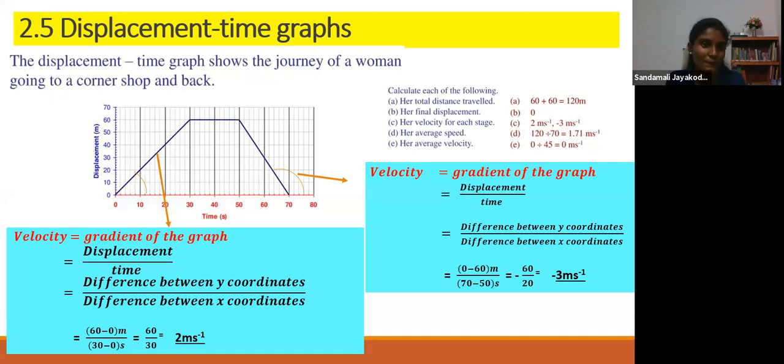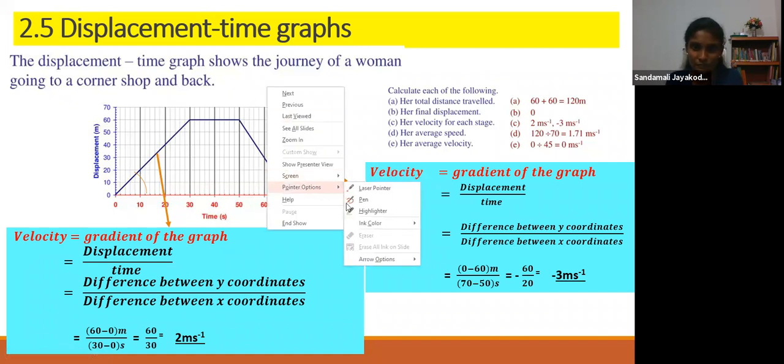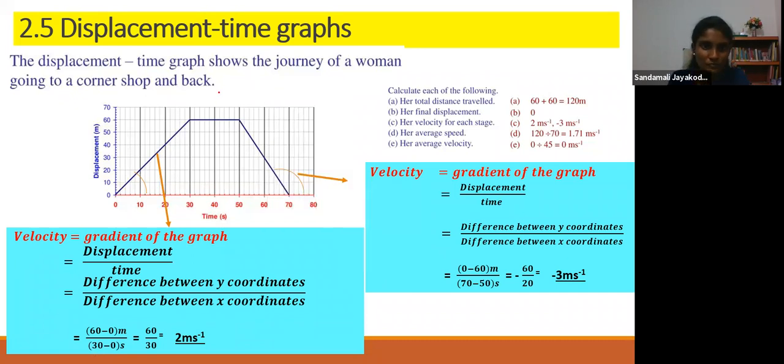So here, this initial part of the graph is a constant velocity, and the displacement is increasing. She is going to the shop. The first part of the movement is like this. Here is the woman and she is going to a shop.